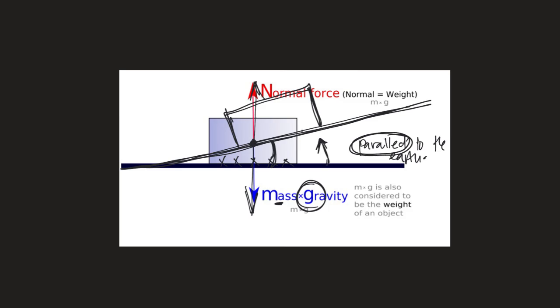So if I'm looking at inclined planes and I'm looking at something on an incline, then my situation is, according to Newton's laws, if I'm looking at the original image, I have this force that's pushing down on the earth.